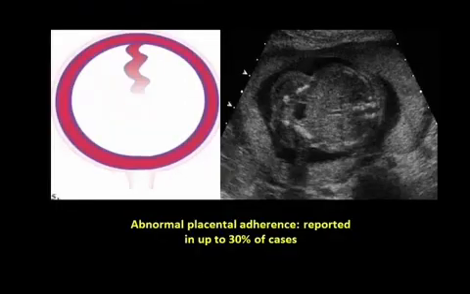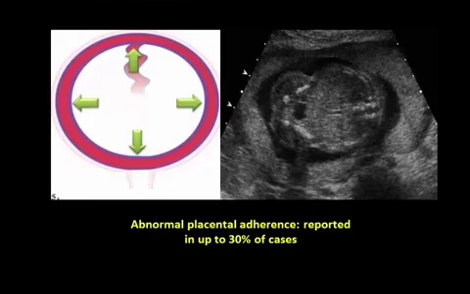Placenta membranacea is an extremely uncommon variation in placental morphology, in which the placenta develops as a thin membranous structure, occupying the entire periphery of the chorion. May be associated with abnormal placental adherence. This is reported in up to 30% of cases.